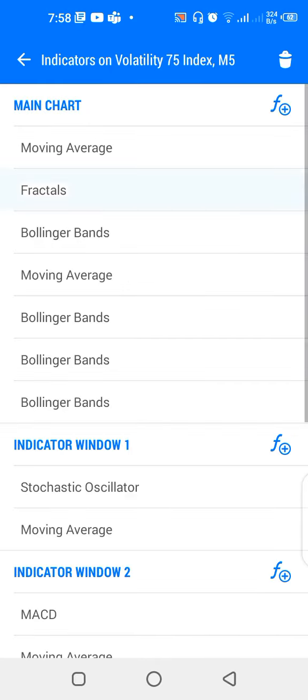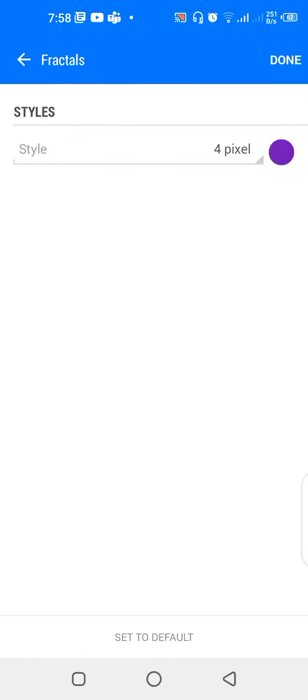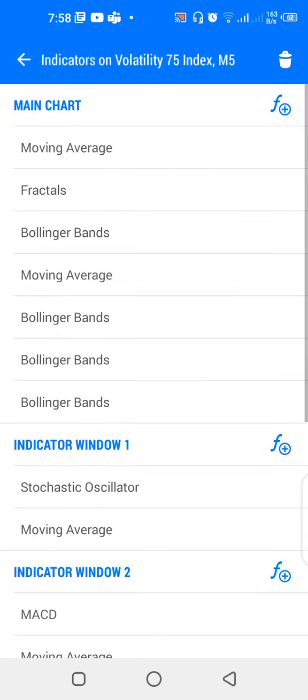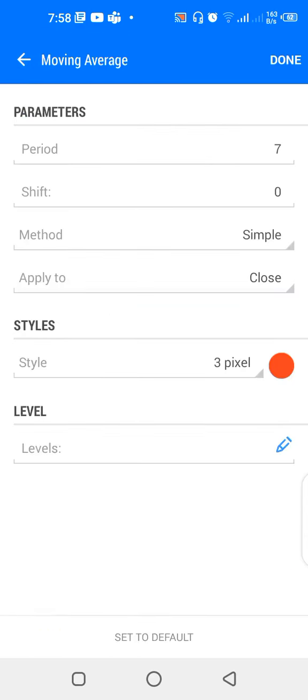All right. Then we have fractals. Color is purple. We have Bollinger Bands. Period is 6. Deviation is 0.020. The shift is 0. Apply to close. Color is purple. After Bollinger Bands, we have moving average.